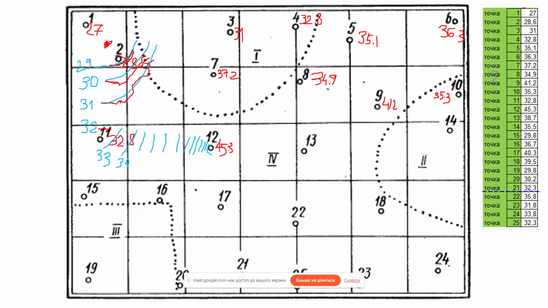So 32 is in between 2 and 7, because we have 28 and 37. The 32 line, 33, 35, 36, and 37.